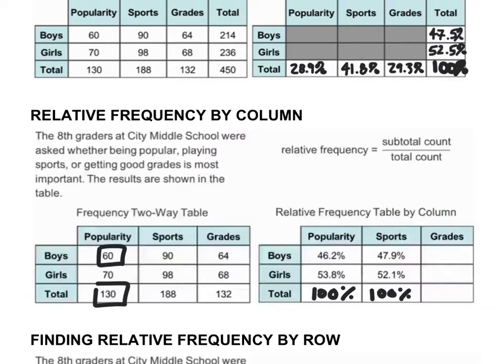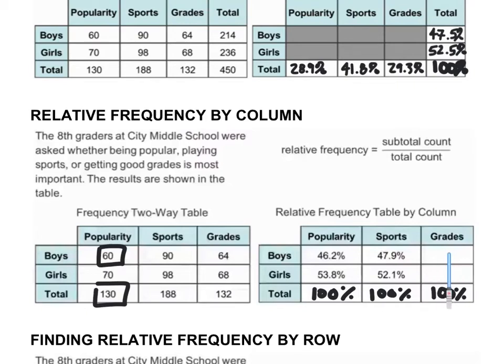Now what we want to do is determine that for the grades. We want to fill in this part, okay? So I'm going to put 100% down here and fill in these two rows that I have, and I'm going to use these numbers.